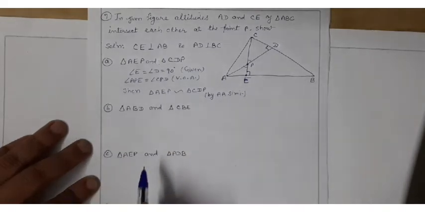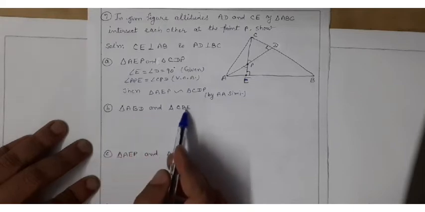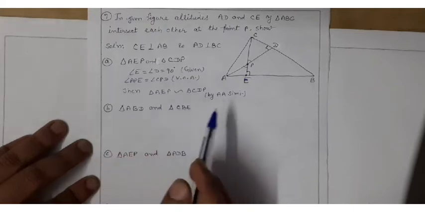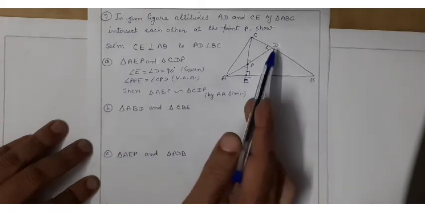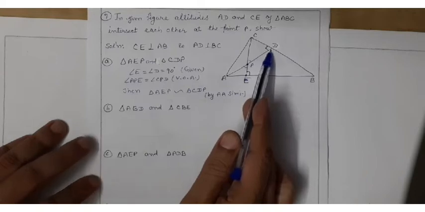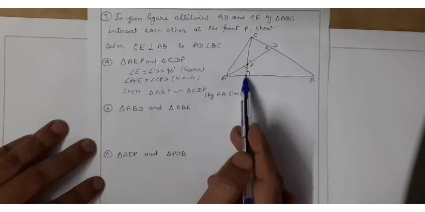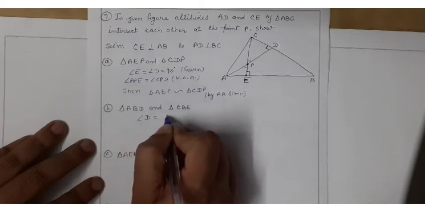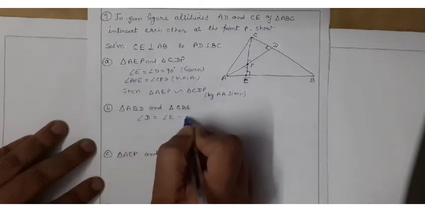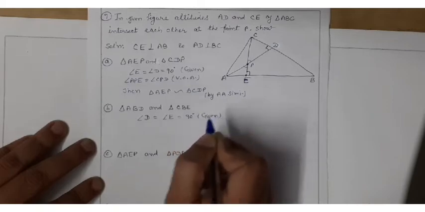Okay, come on second. Triangle ABD and triangle CBE you have to show similar. See in the figure, where is ABD? ABD. Again D is 90 degree here, and CBE, here E is 90 degree. Now take angle D is equal to angle E. This is 90 degree and it is given in the question.